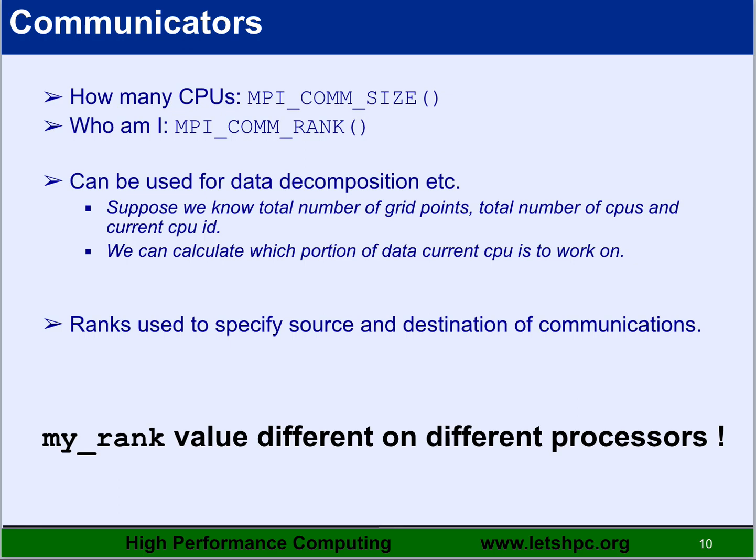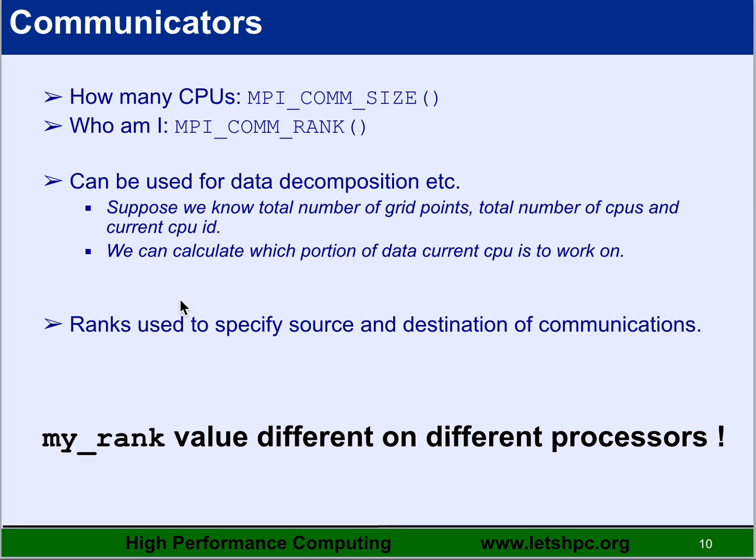Now these two are very useful and can be used for data decomposition, because as we have learned in our previous lectures, data decomposition is a very important step in parallelization. Suppose we are working on a problem which consists of several grid points, and we know how many grid points there are. We also know how many CPUs there are and what the current CPU ID is.